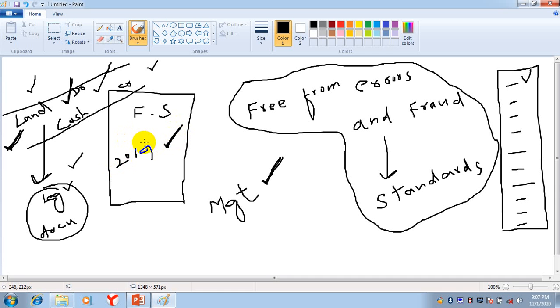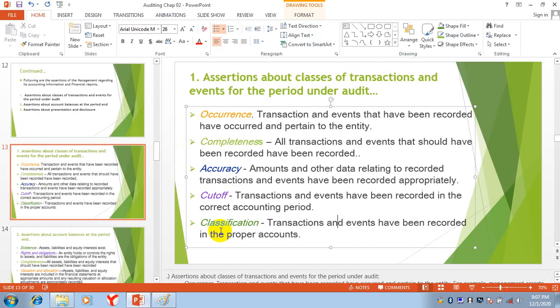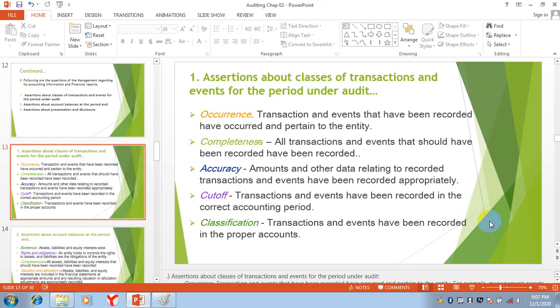Revenues of 2019 are recorded in 2019, and expenses of 2019 are recorded in 2019. It is not of 2018, it is not of 2017. What we recorded in 2019 relates to 2019. This is another assertion made by the management.